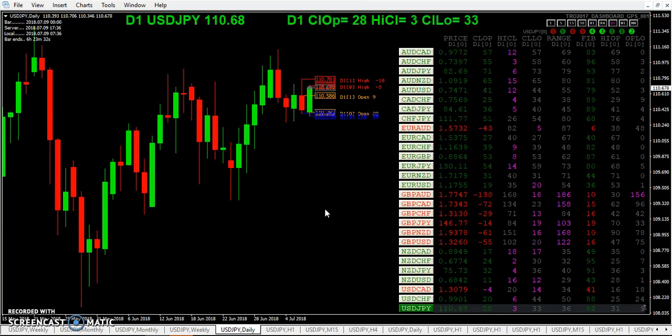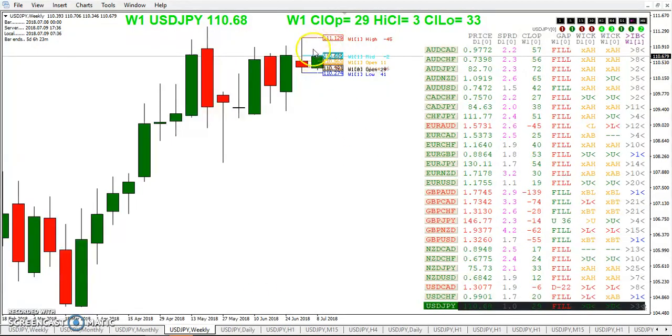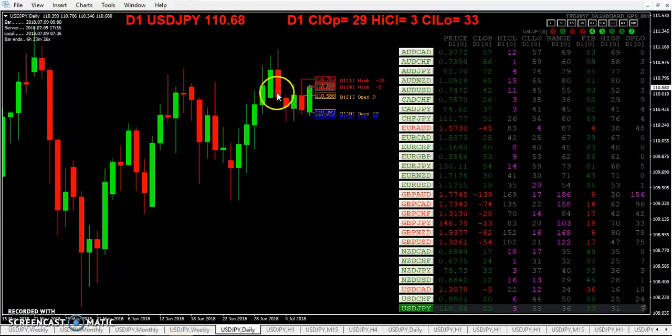On the daily, we can see we're in that daily wick right here, and if you look back here, we're in the weekly wick also. So we haven't broken out of the high of the previous daily session's high. So we might look to do a whole low reversal trade.